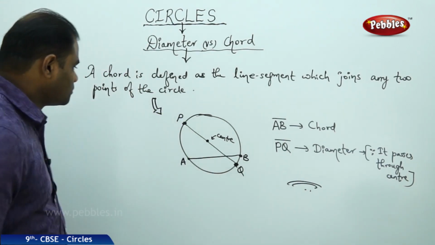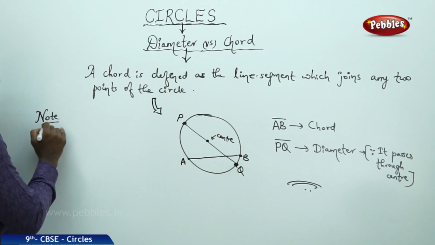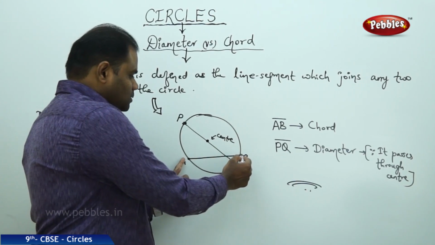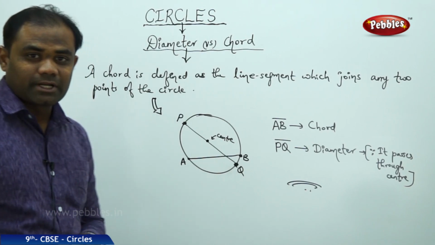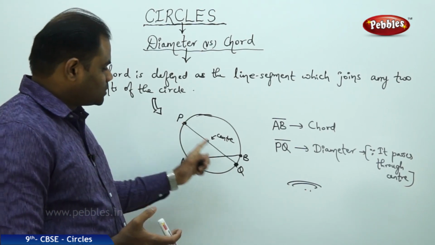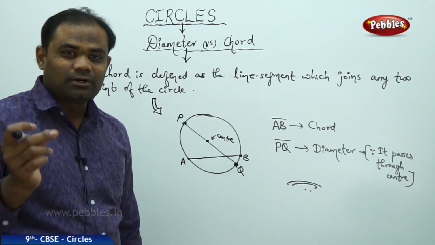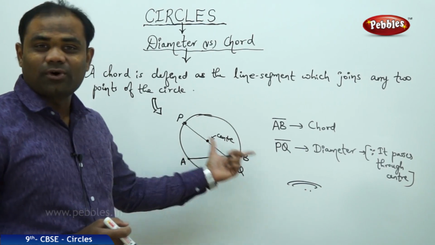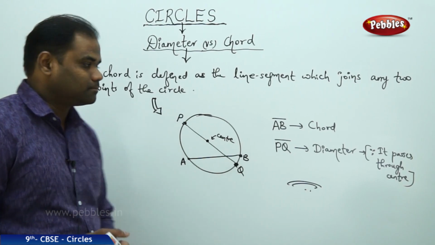And importantly, we have to understand that if I take the length of this chord and the length of this chord, we clearly understand that the diameter, which is also a chord, will be the maximum length. So the length of the diameter will be maximum. It is the highest chord in the circle, is also one way I can connect with.